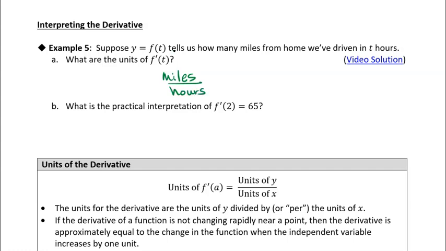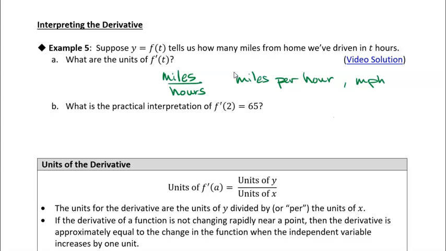It's the same units as the average rate of change, because the numerator is the change in miles and the denominator is the change in the number of hours, so miles per hour. Some people write mph, but it's miles per hour.